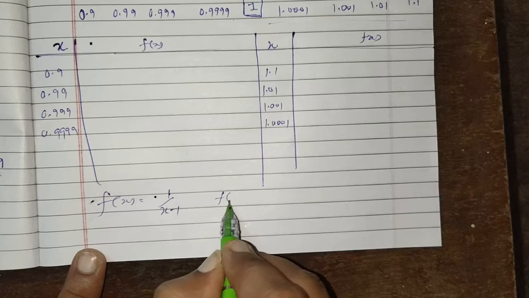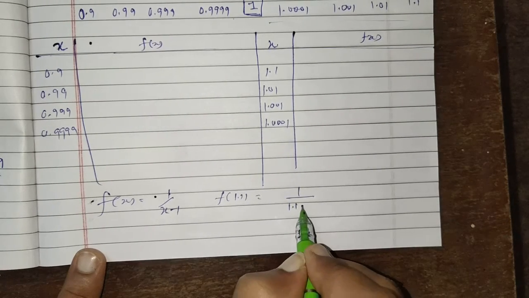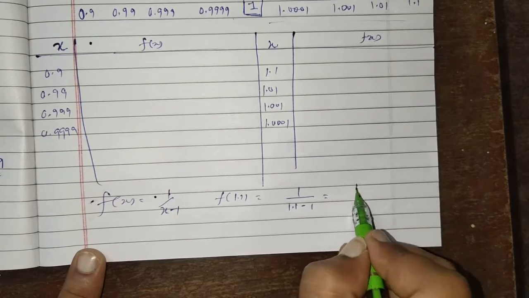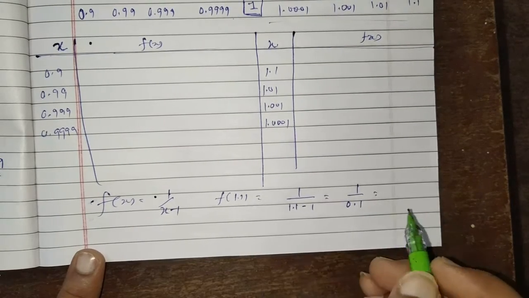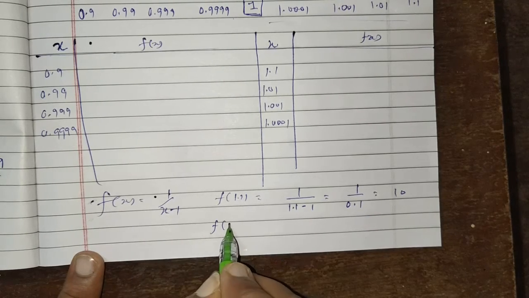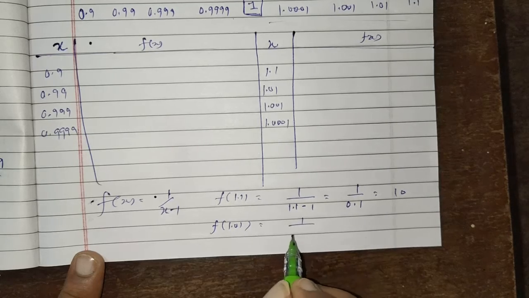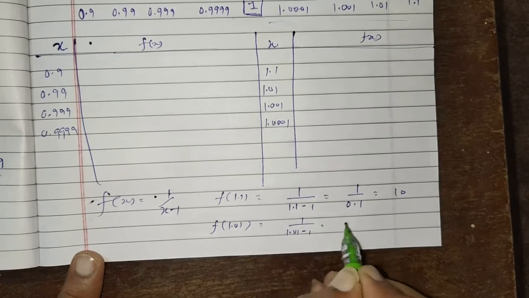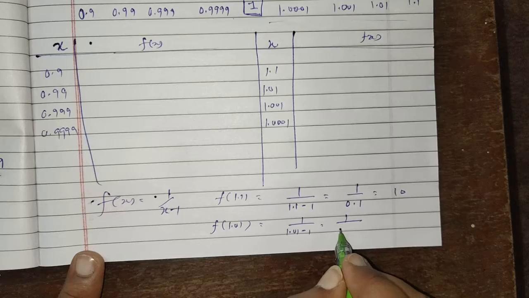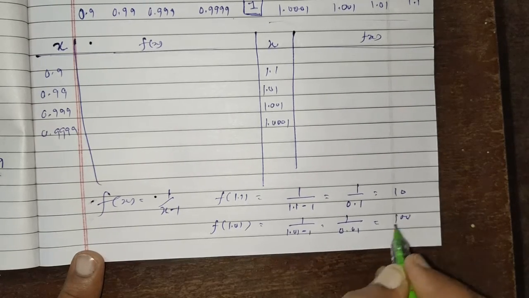So first we put x equal to 1.1: 1 divided by 1.1 minus 1 is equal to 1 divided by 0.1. So the answer is 10. Now for f(1.01), 1 divided by 1.01 minus 1 is equal to 1 divided by 0.01, so the answer is 100.